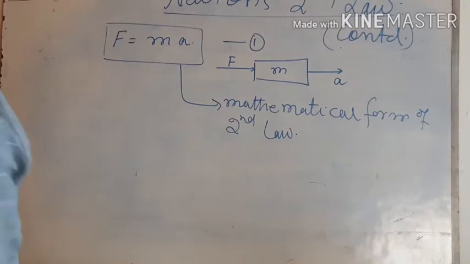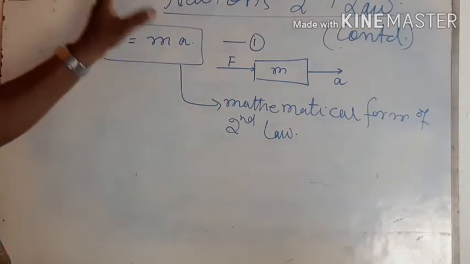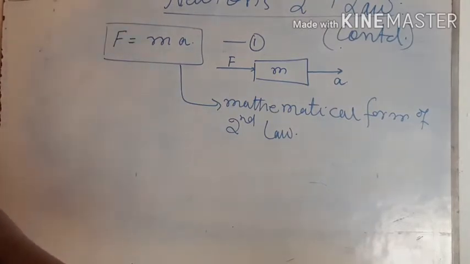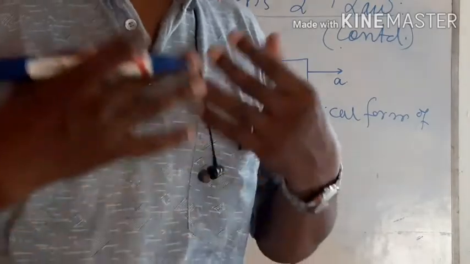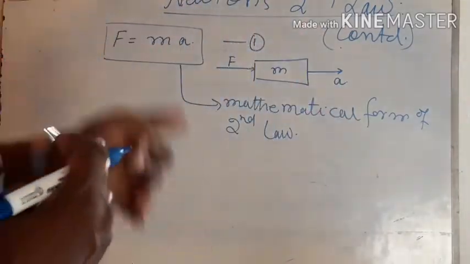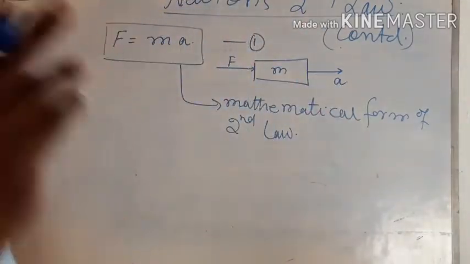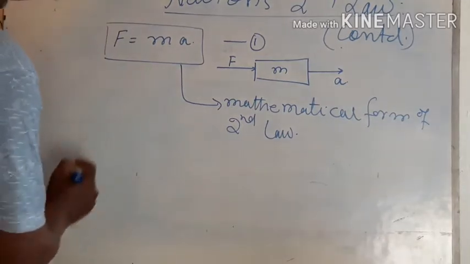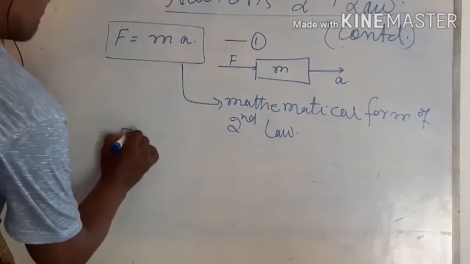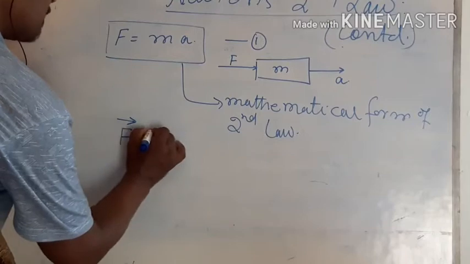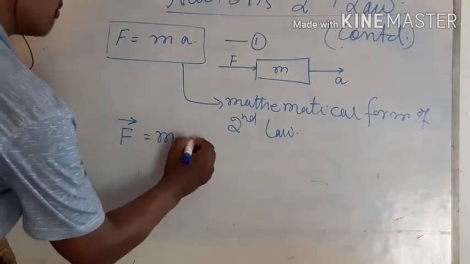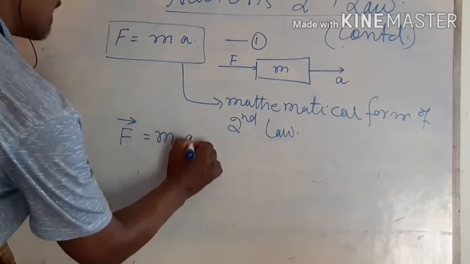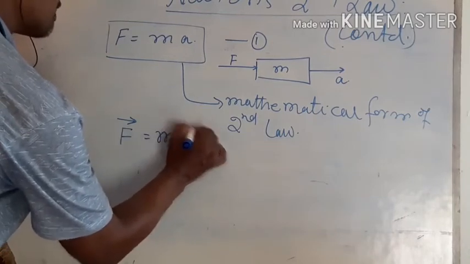Now this form only tells you about the magnitude of the force. Okay, so if you are interested in the direction of the force, then you have to write this relation in the vector form. F with arrowhead equal to mass m multiplied by acceleration A with arrowhead.